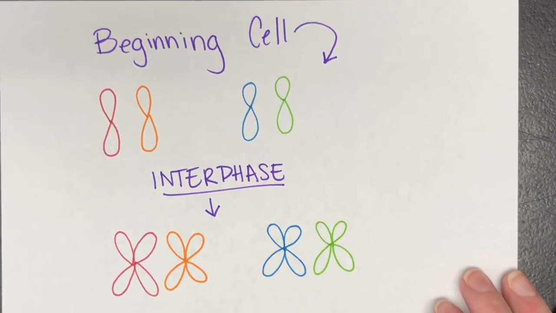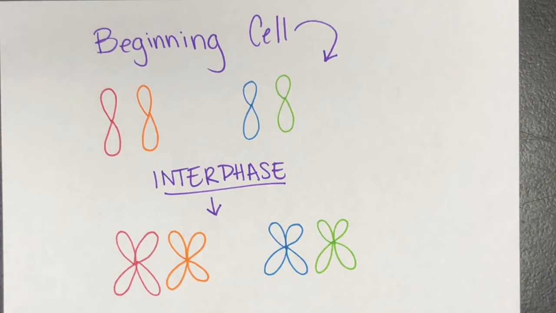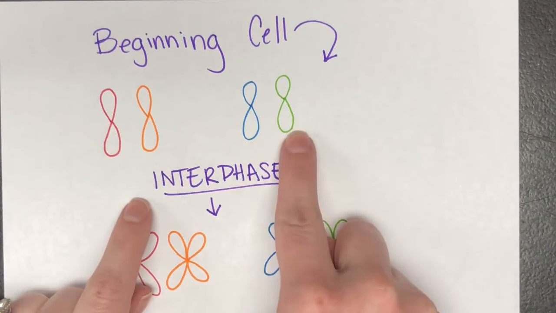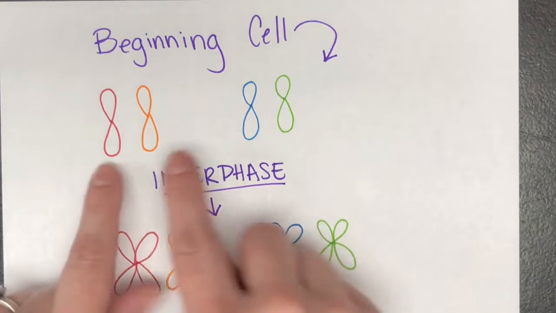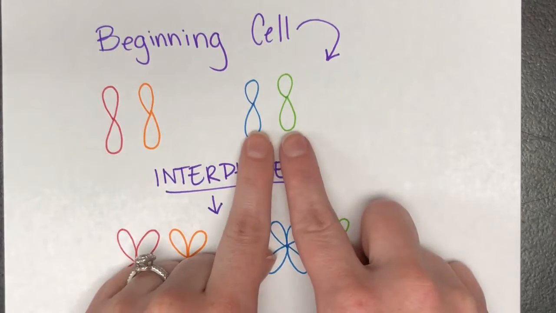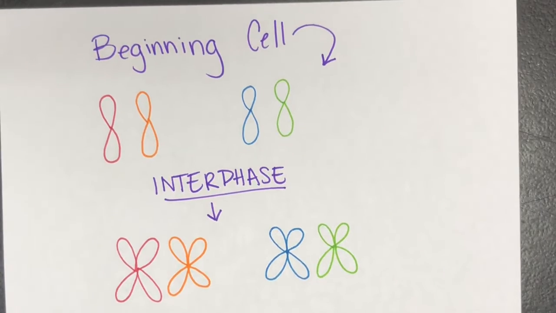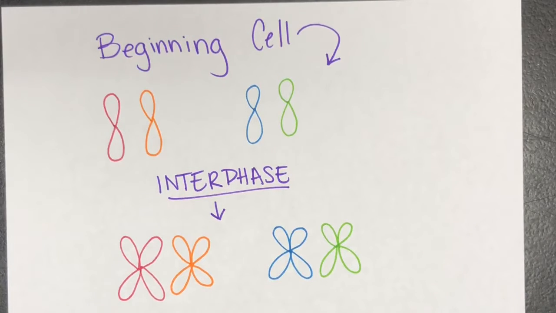Prior to interphase, for simplicity's sake, I'm using a cell with only 4 chromosomes. Okay, so 1 from mom, 1 from dad, 1 from mom, 1 from dad. And these would be homologous chromosomes, and these would be homologous chromosomes. So during interphase, that DNA is copied.